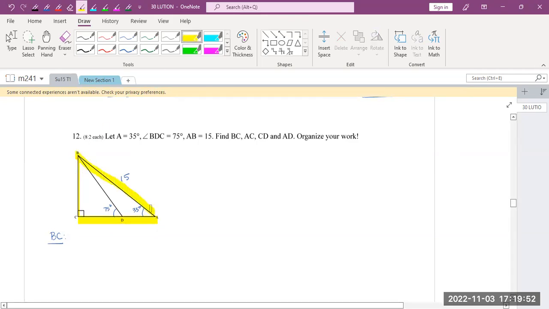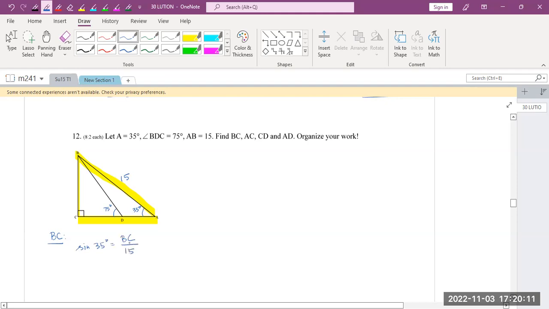What relates 15, BC, and of course angle A? That's the sine, right? Sine 35 degrees equals BC over 15.